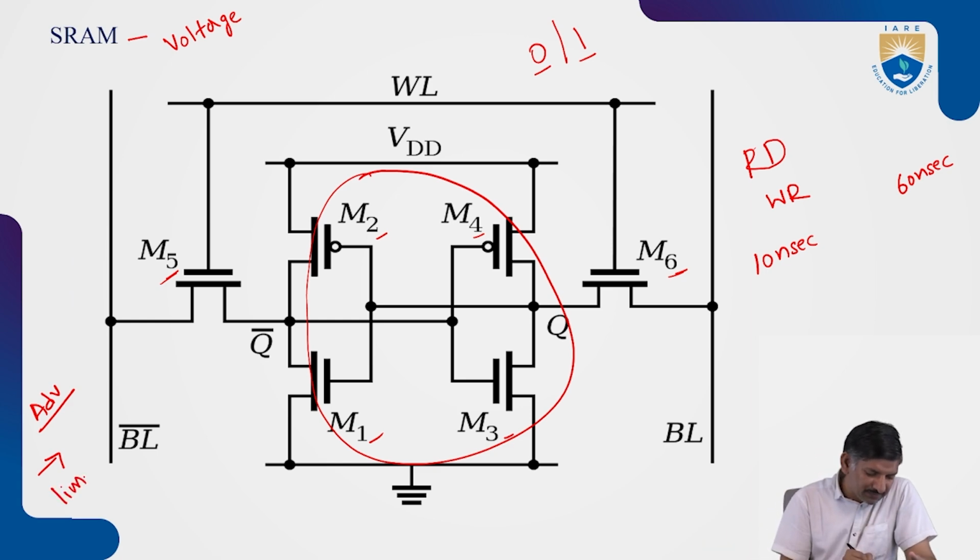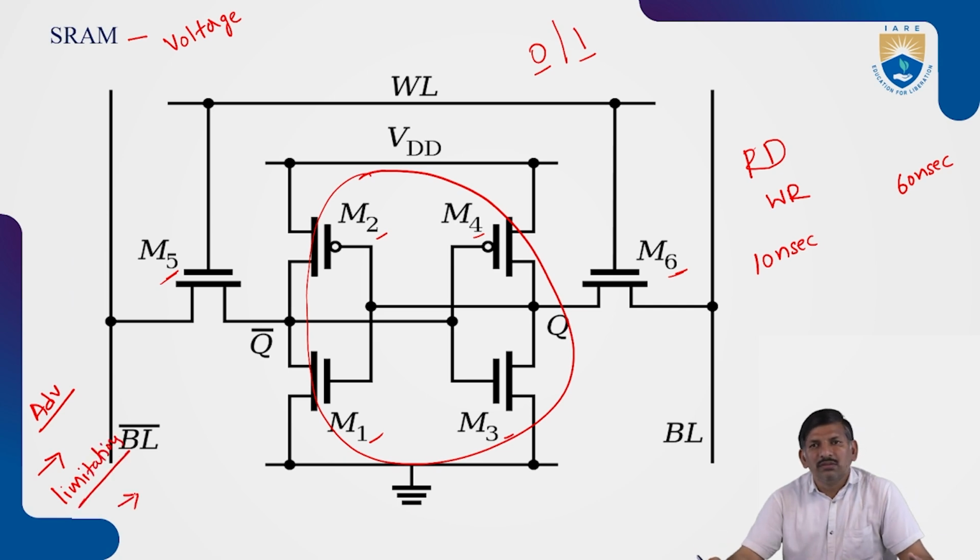Limitations are: SRAM is made up of 6 MOSFETs, so its size is more compared with DRAM, whereas DRAM is made up of 1 MOSFET and 1 capacitor.